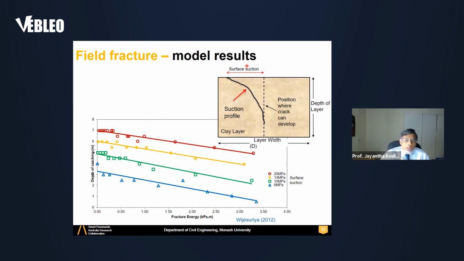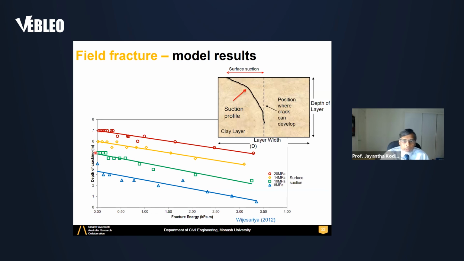Field fracture model results. This one shows, in a field, if we simulate a suction profile and an increase in surface suction of S here, how much cracking we'll get in a particular soil. So here, depth of cracking against the fracture energy. If fracture energy is ignored, 8 MPa at the surface will give you something like 2.5 or 2.6 meter depth of cracking.